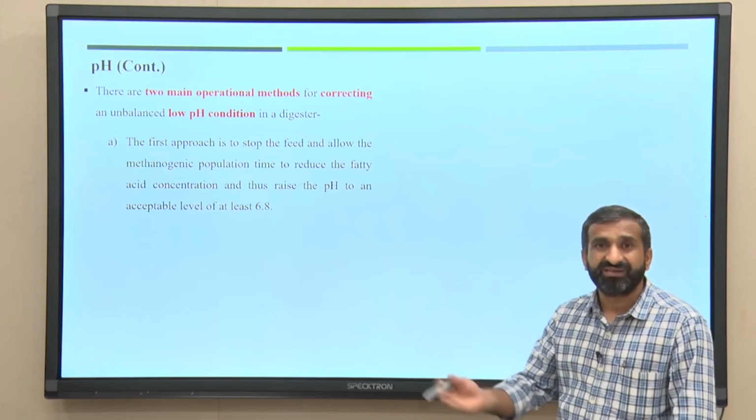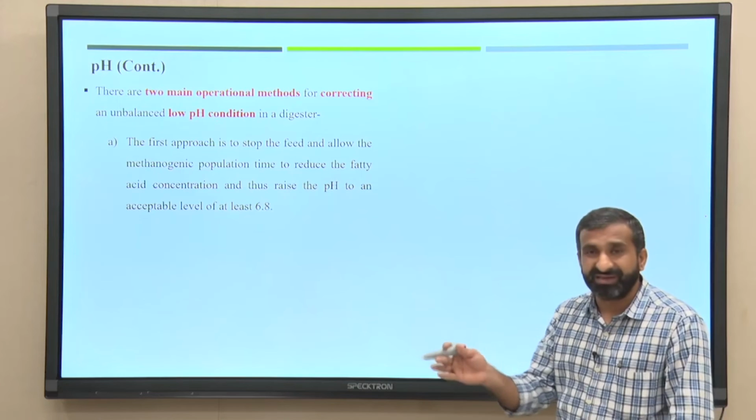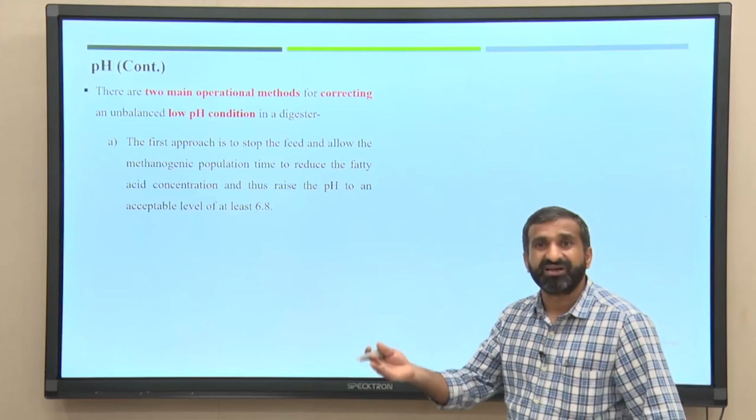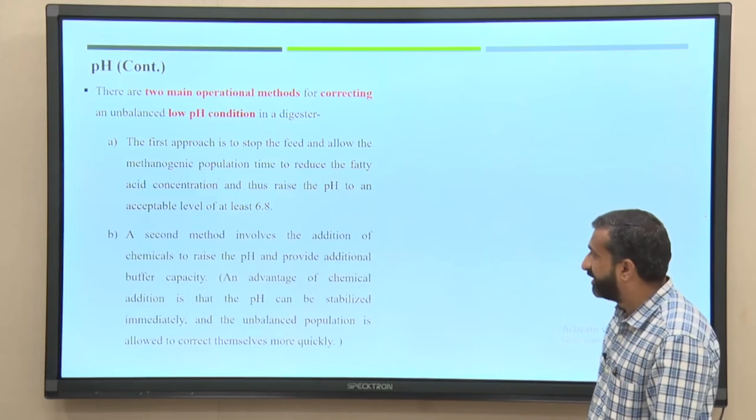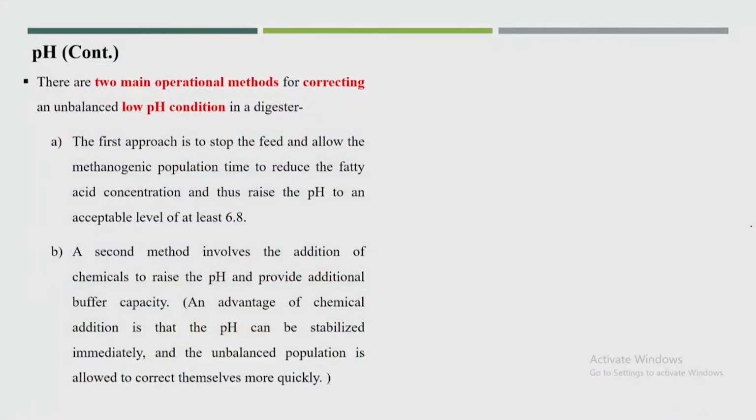Once you know that the pH has been corrected by reduction of volatile fatty acids, we can start feeding the reactor again. The second method involves the addition of chemicals to raise the pH, which can provide additional buffering capacity to that particular mass.